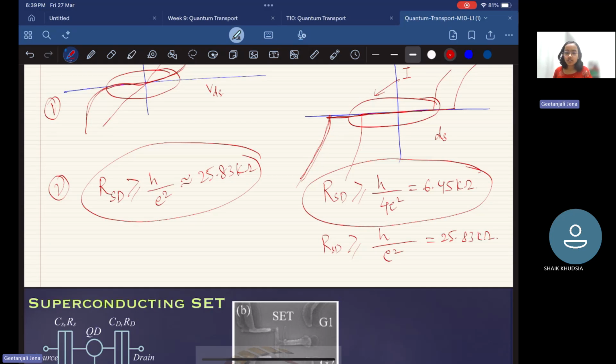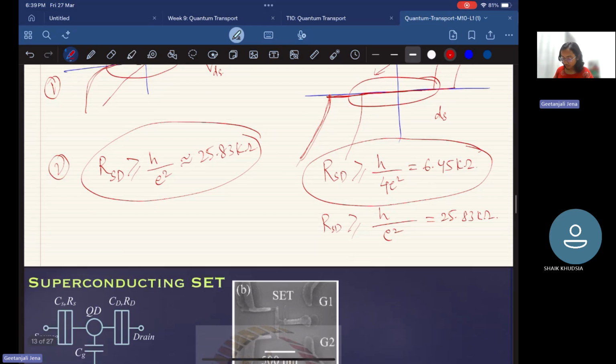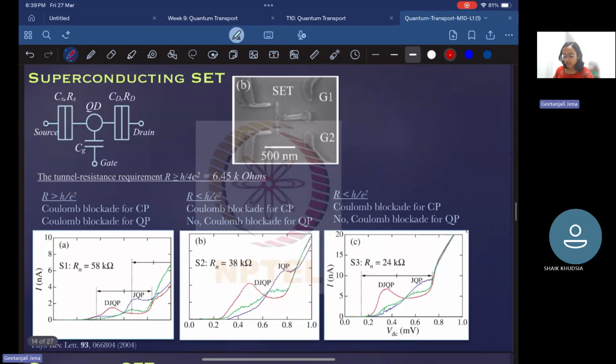So these are the two main differences between a normal SET and a superconducting SET. And based on the condition, you can tell whether there is a Coulomb blockade oscillation in the IV characteristics because of the superconductor, because of the Cooper pair or the quasi-particle.